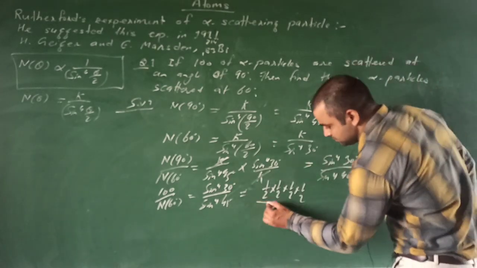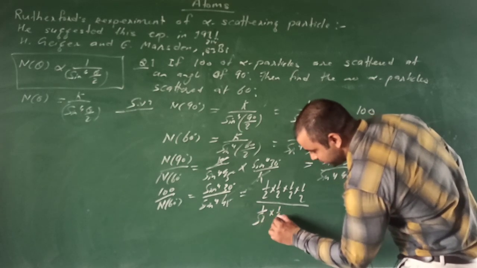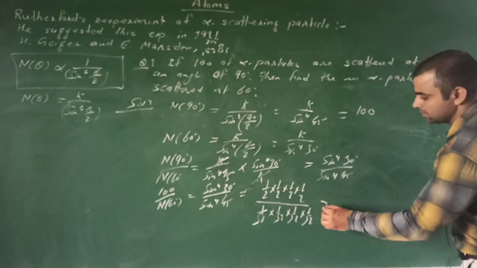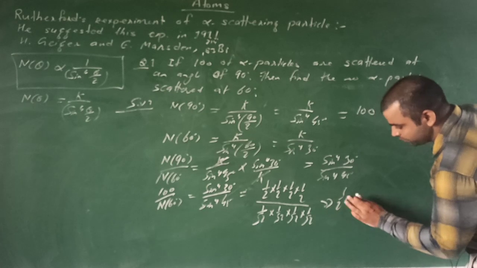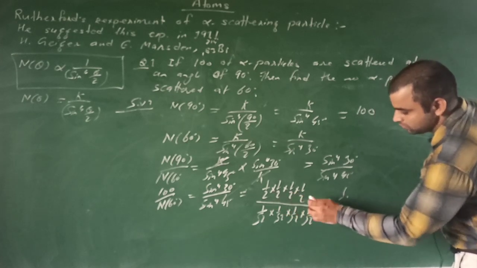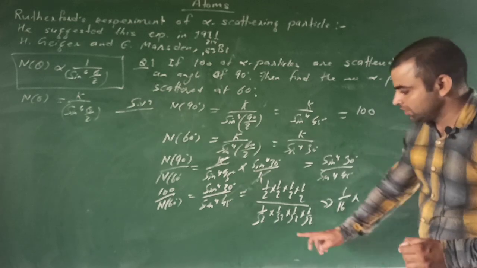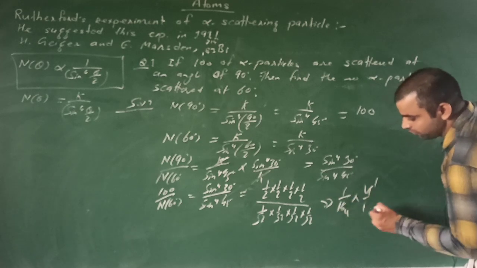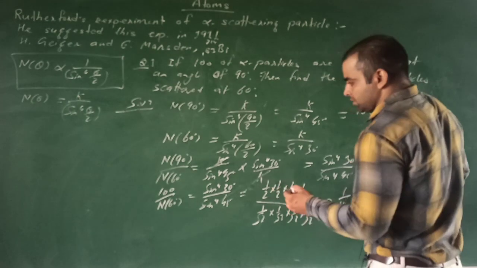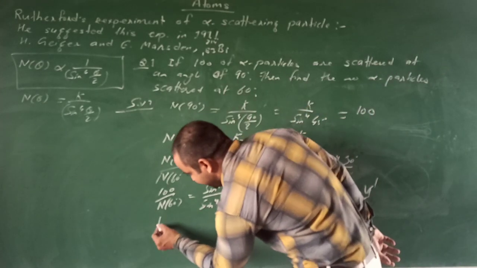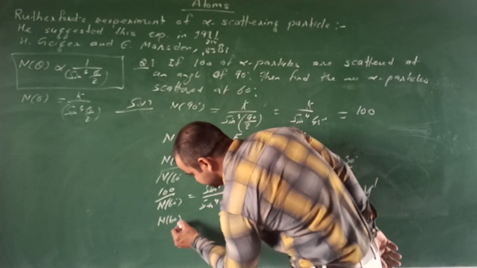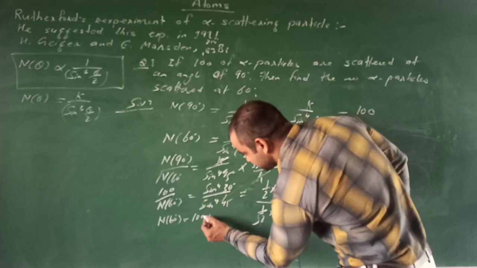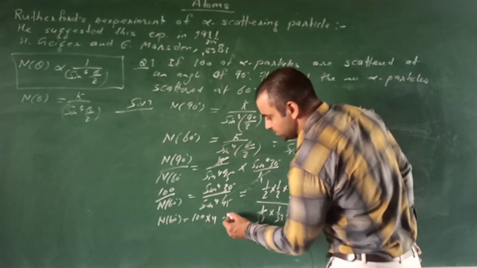Sin 45 is 1 by root 2, so (1 by root 2) raised to power 4 is 1 by 4. Solving, 1 by 16 divided by 1 by 4 gives 1 by 4, so N at 60 will be 100 into 4, which is 400.